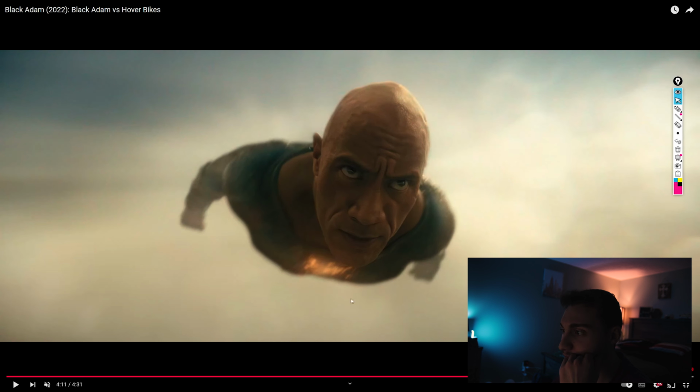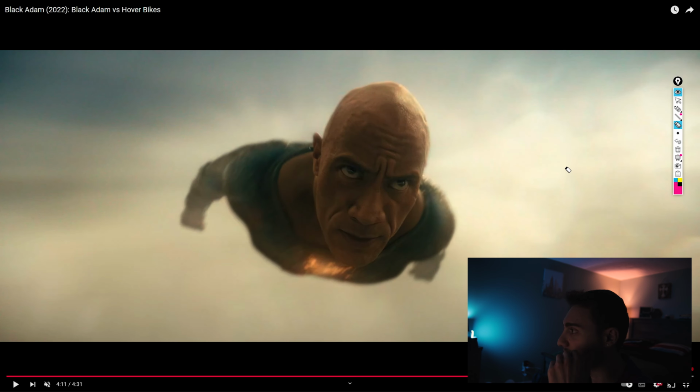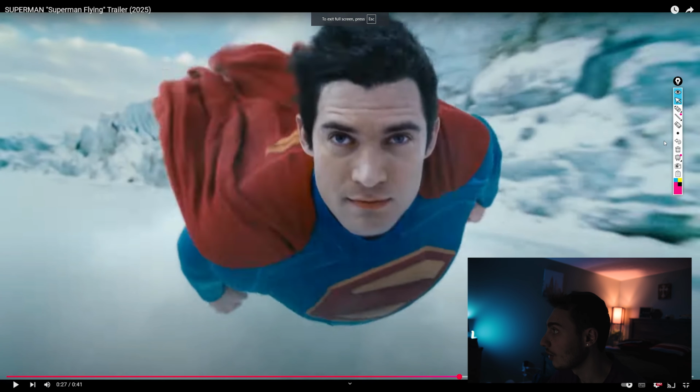What I believe is happening in this specific shot is that the body right here is all CG, and they kept his face real, which is usually what happens. Now, James Gunn is claiming that the shot is 100% real.